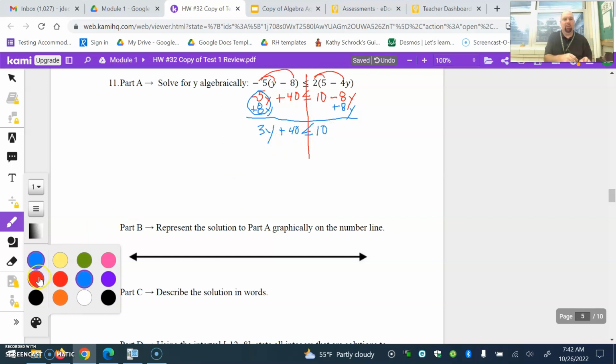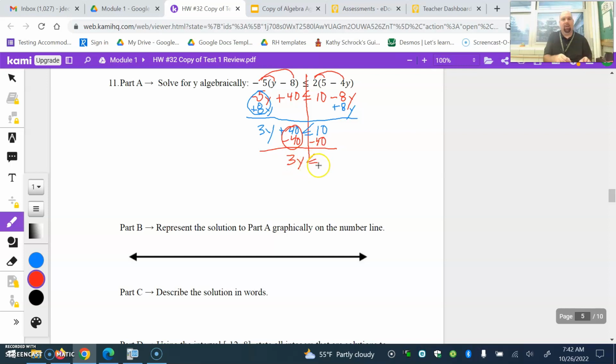Now I'm going to subtract 40 from both sides. And we get 3y is less than or equal to -30. 10 minus 40 is -30. Divide by 3 on both sides. And we get our solution: y is less than or equal to -10.